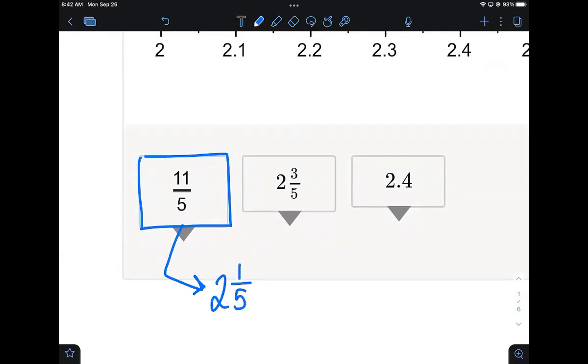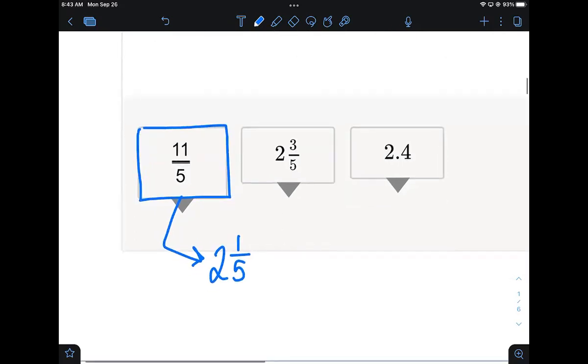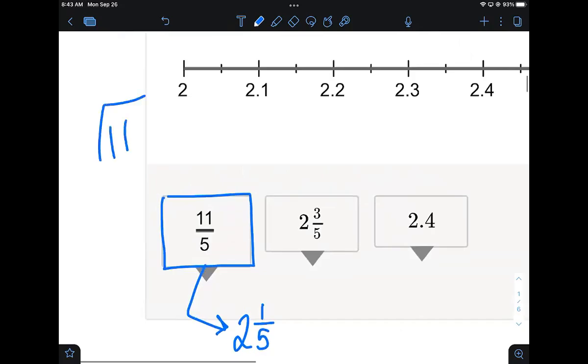Now, how many of you know your fifths off your head? Miley, what is 1/5 then? 0.2. Exactly. So this would be 2.2. You're exactly right. This would be 2.2. That's the advantage to knowing your fifths, right? To knowing some of those fractions is that you don't have to do long division. Otherwise, you're doing 11 divided by 5, and you'll get 2.2. Don't worry, you'll still get that.